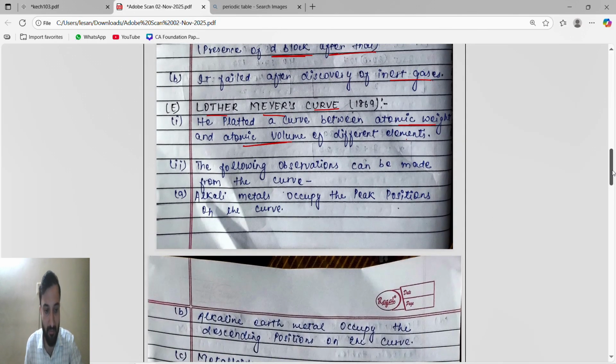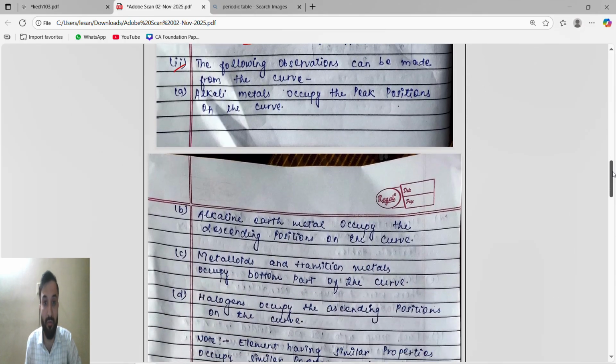Now see here. Lothar-Meyer's curve, he plotted a curve between atomic weight and atomic volume. Understand this thing, because in the examination they will ask: Lothar-Meyer's curve plotted the curve between atomic weight and atomic volume of different elements.